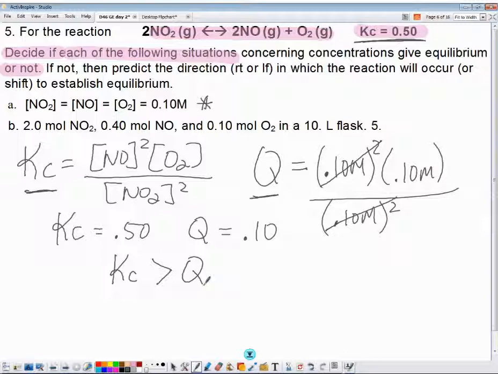For this reaction, what does it have to do if the products have to be bigger and the reactants have to be less?